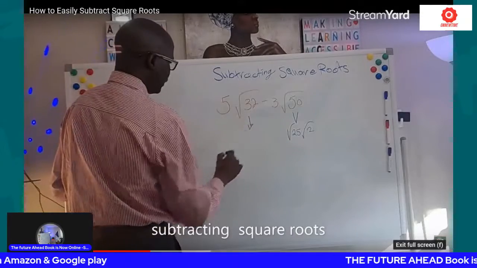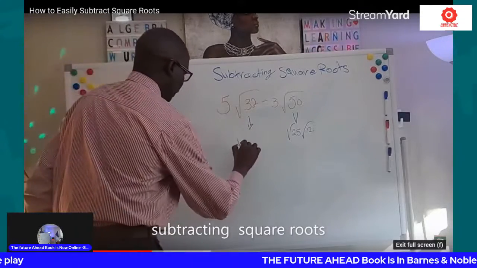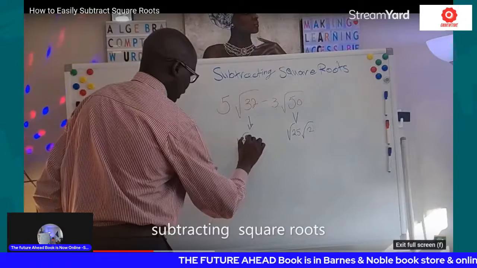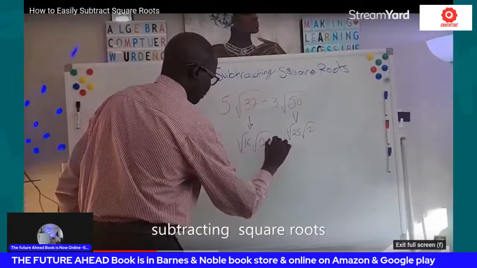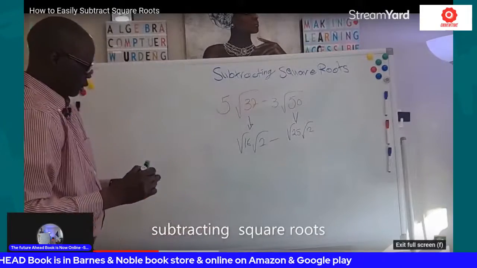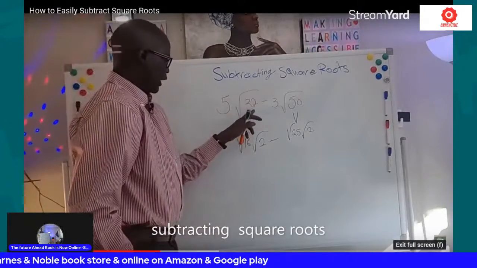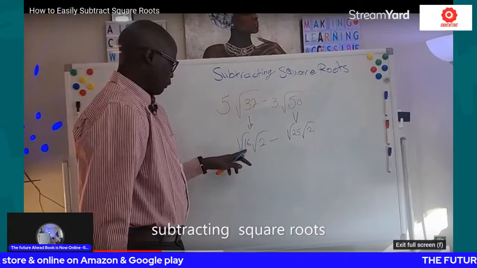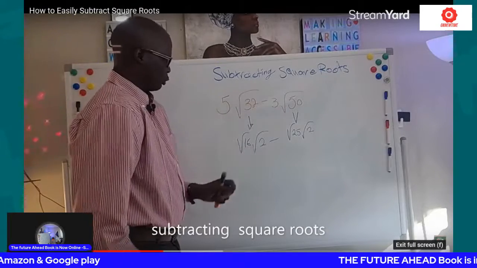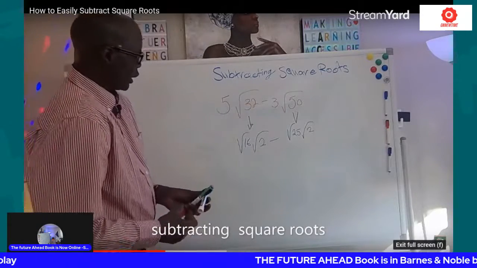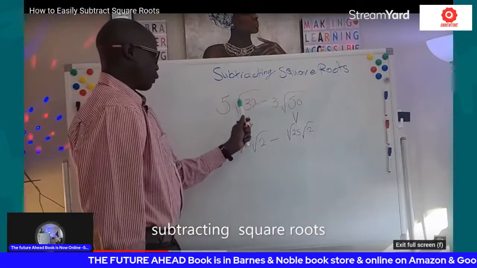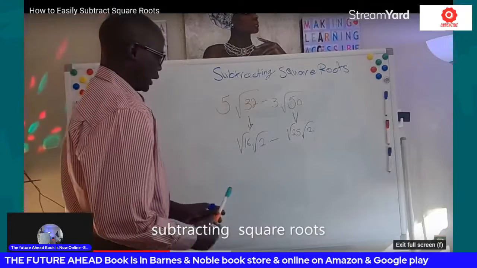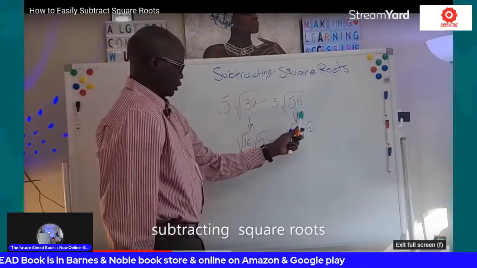And 32 will be the square root of 16 times 2. And that's how you solve when you have the square root and the number is not like a perfect square root, as you can see here.